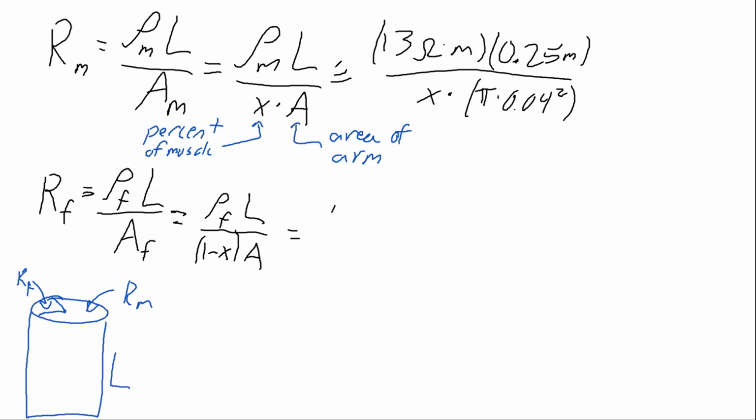Okay, for the fat, you get 25 ohm meters. Length is also 0.25. Then I have 1 minus X here.